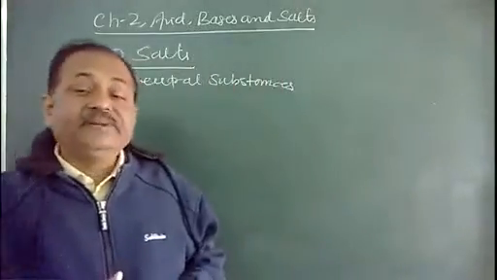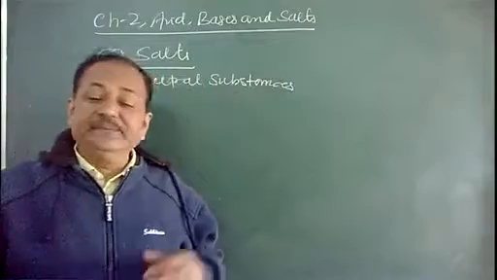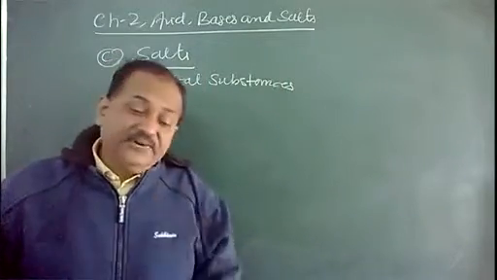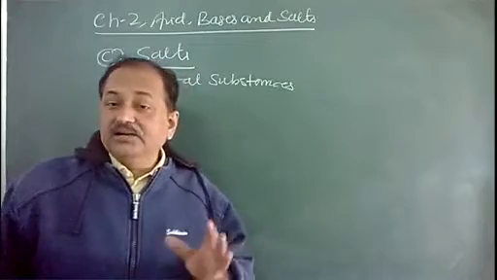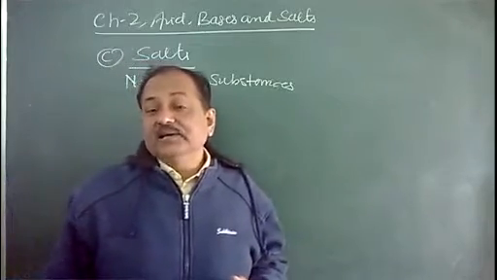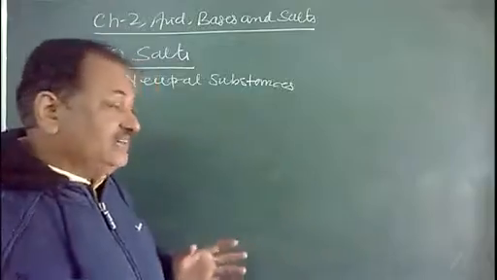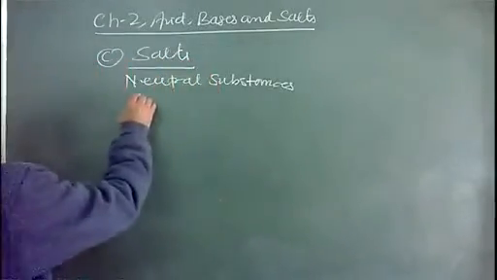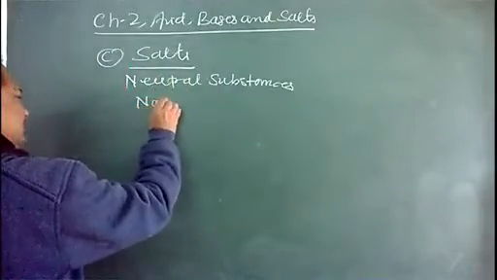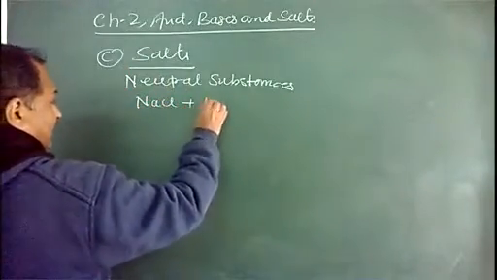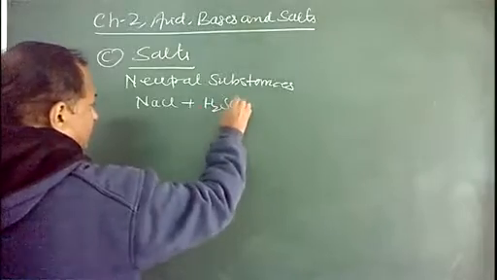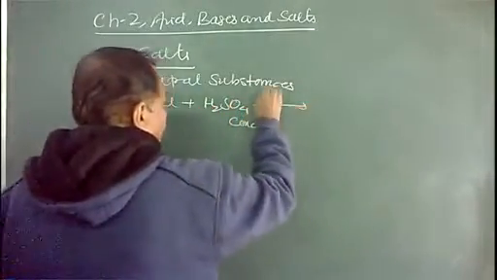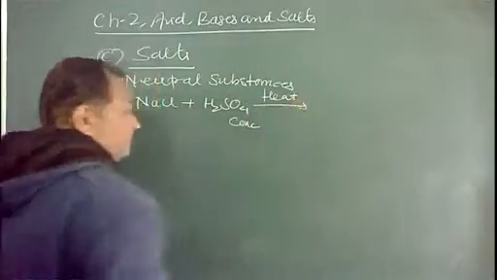We have different salts: acidic salt, basic salt, neutral salt. Different categories of salts undergo reactions in a different manner. Like if you take NaCl, it can react with concentrated sulfuric acid, and we have to heat it.